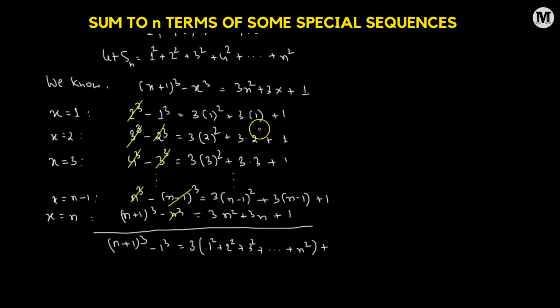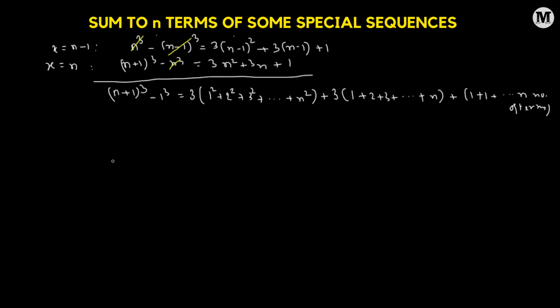Then we are going to add the second term of each of the expressions, where again we can take 3 as the common factor. So we have 3 multiplied to 1 plus 2 plus 3 plus all the way up to the last term, that is n. And then we have 1 plus 1 all the way up to n number of terms. So there will be a total of n terms of 1 that are getting added.